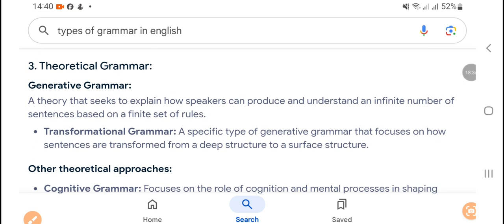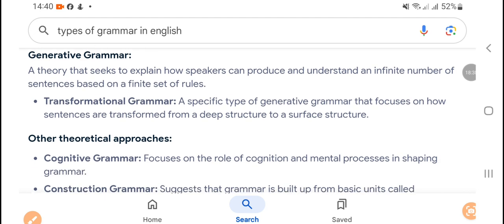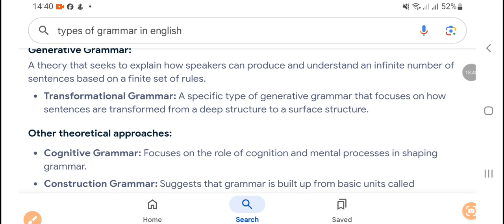Now the last one is theoretical grammar. Theoretical grammar is generative grammar. Theoretical is theory. So what does theory say?